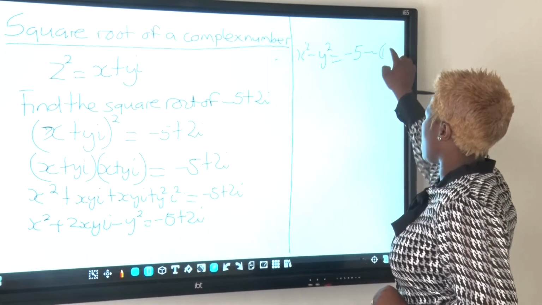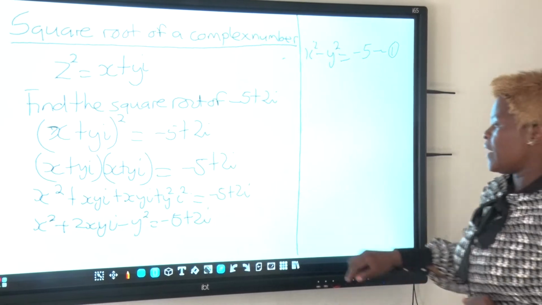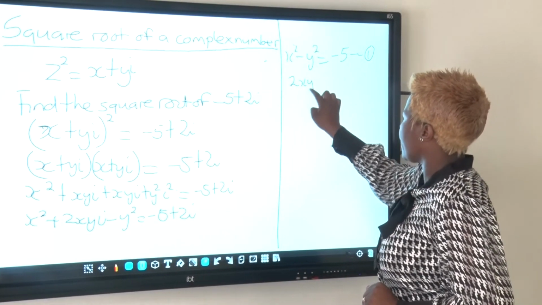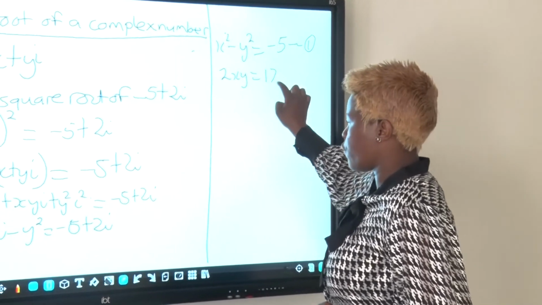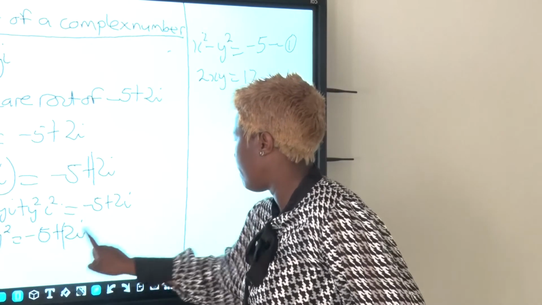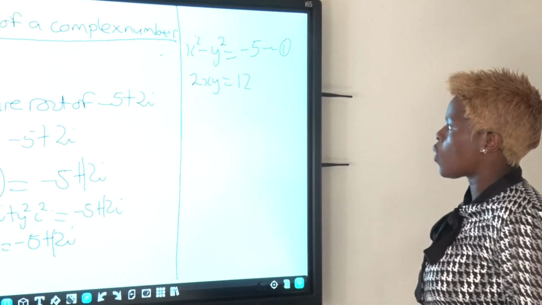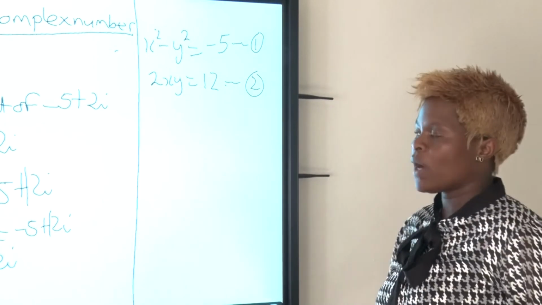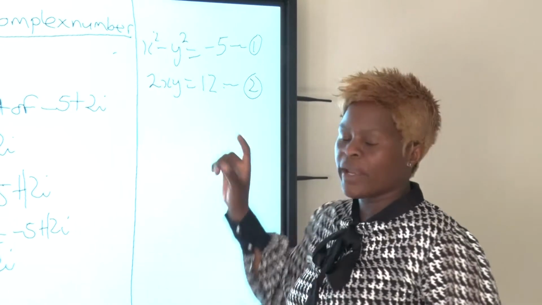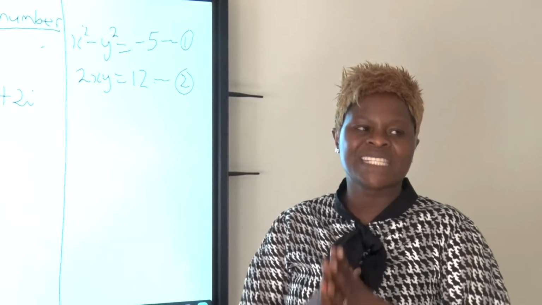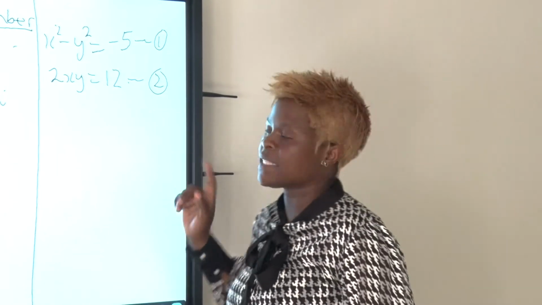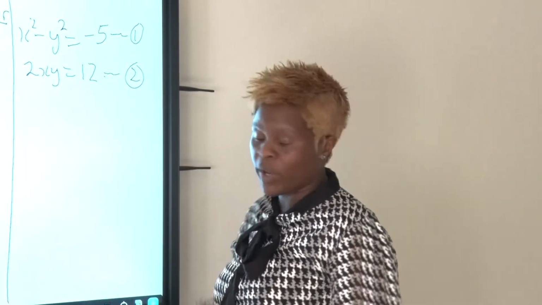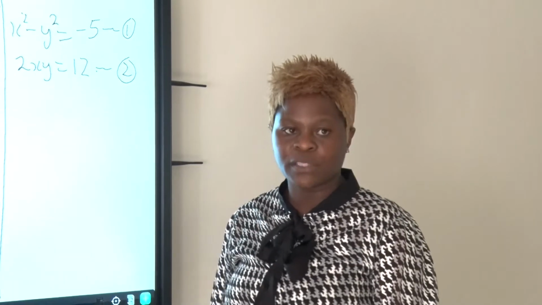We say this is our equation 1. Then for the imaginary, we have 2xy is equal to 12. This becomes equation 2. What do we do? We are going to use the method of substitution to solve this simultaneous equation. How do we go about it? We choose any equation and make one letter the subject of formula.